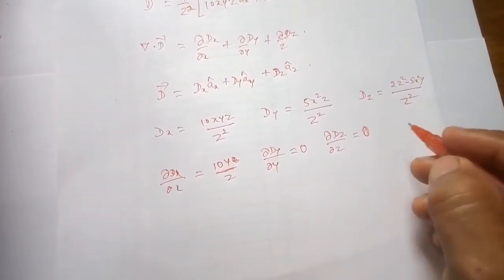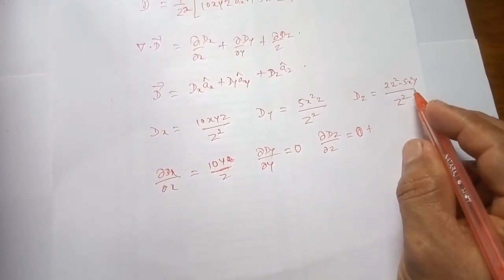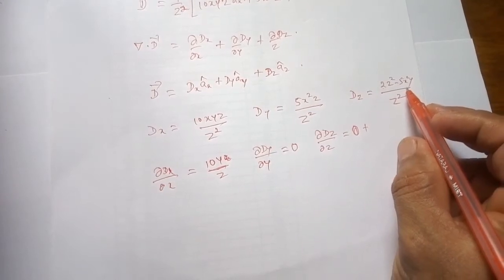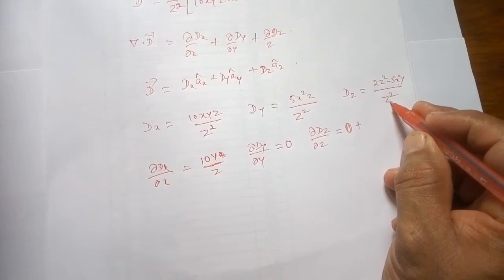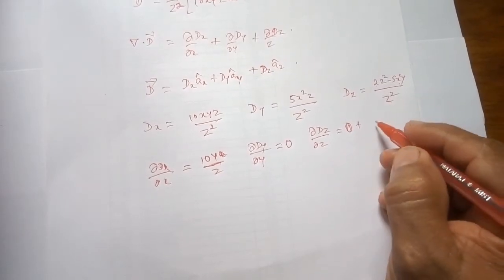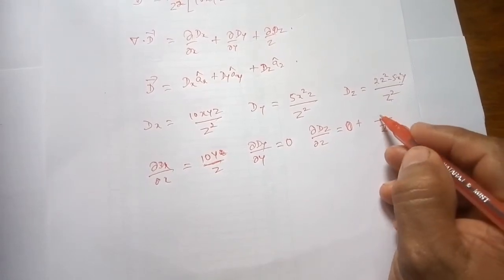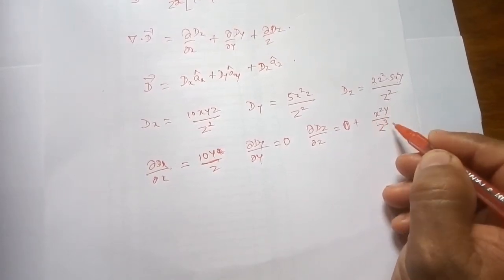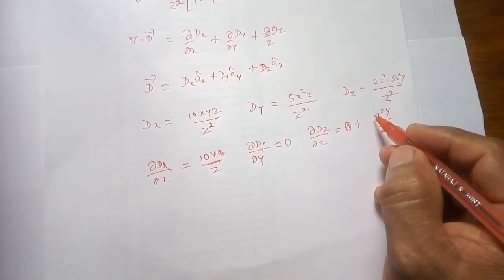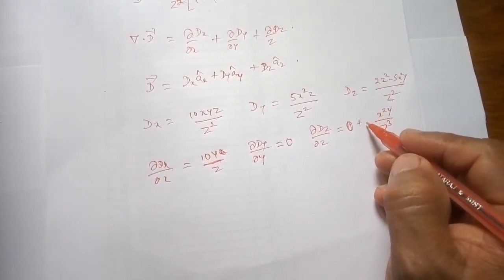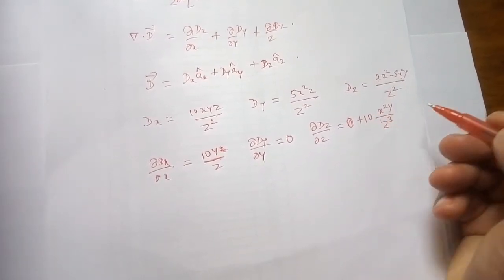First part is 0 plus, here it is divided by z square. On differentiation it becomes z cube, x square y into, already 5 is there, multiplied by 2 minus, so already 1 minus, a minus it's plus, so therefore it is 10.